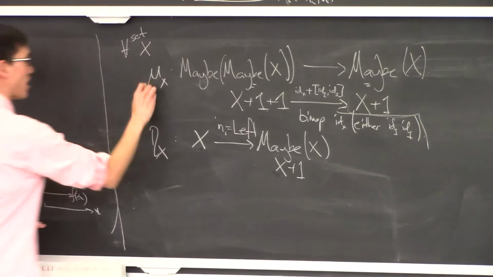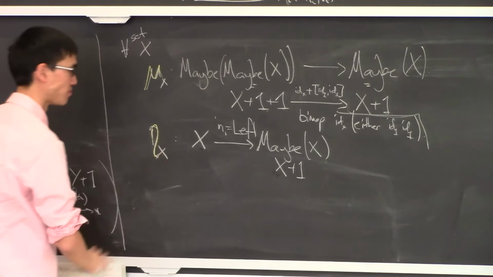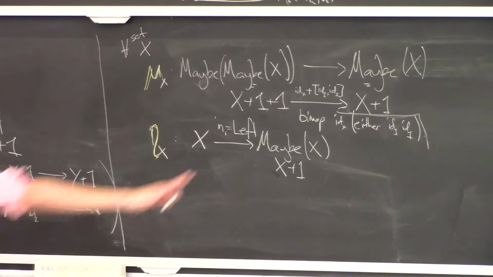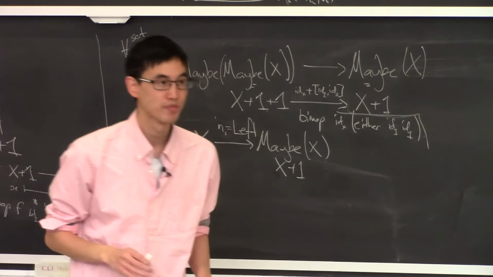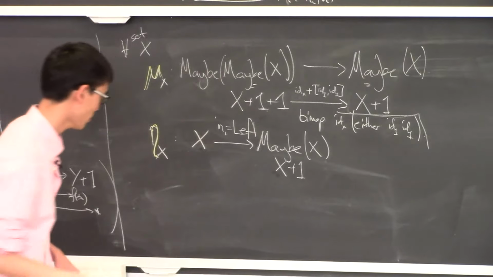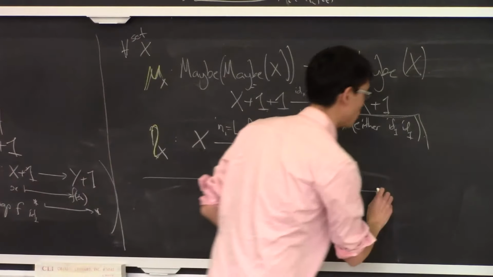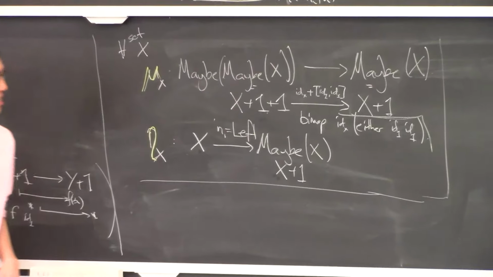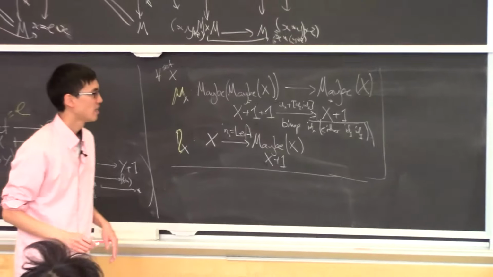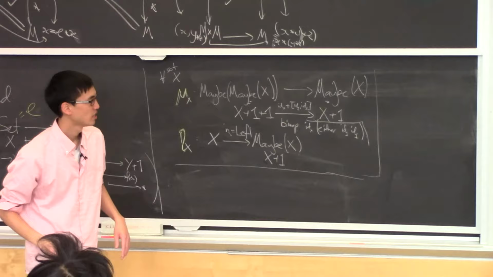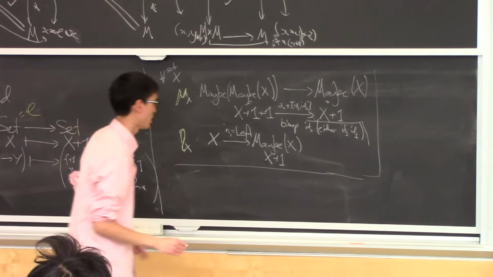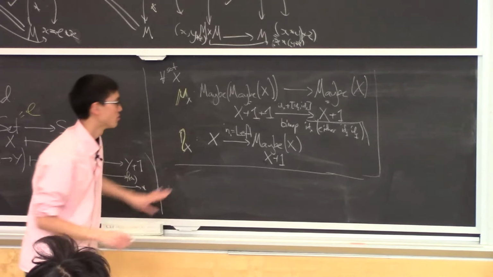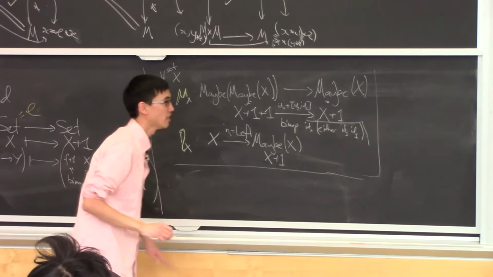We have a t, we have a mu, and we have an eta. And now we need to think about what these laws say for the monad. So we can check these.